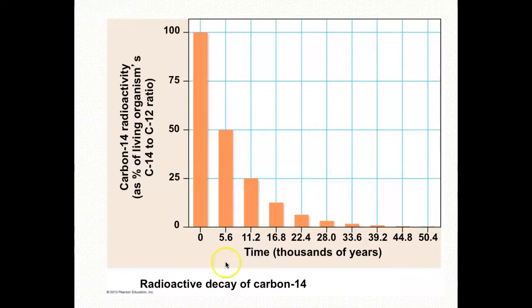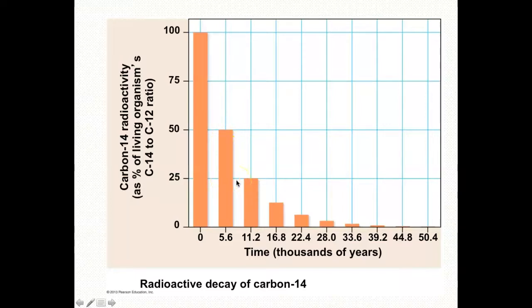So what about if another half-life happens? 5.6 plus 5.6 is 11.2, so that's 2 half-lives. That means that half of this amount is going to be in that fossil. So it's going to be 25%, because half of 50 is 25%.